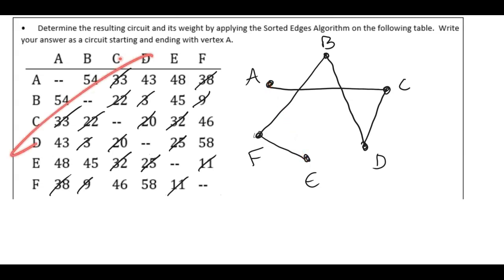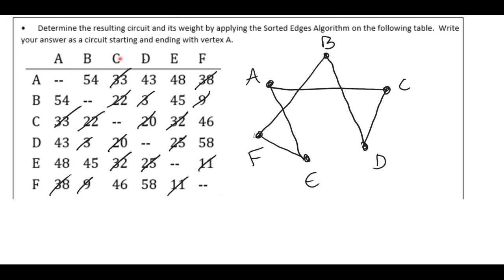In fact, for the last 2 steps, I didn't care because there's only an obvious thing to do. So I terminate out of the sorted edges algorithm when there's one vertex left that's not connected. I know I need to connect it, and I know I need to finish the circuit. So I make a quicker exit than the process would. But that's fine. What we have is our answer.